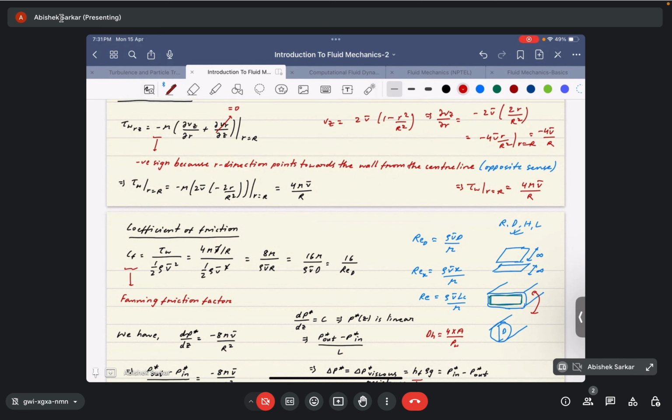So from that we will get that Cf would be equal to 8 mu by rho v bar R.